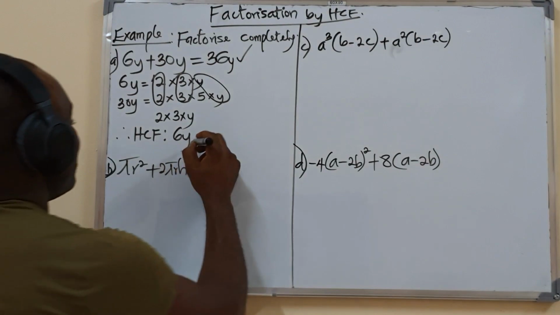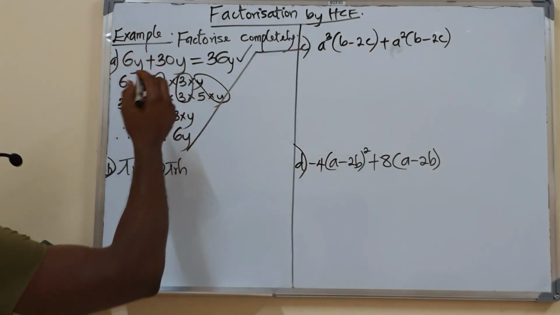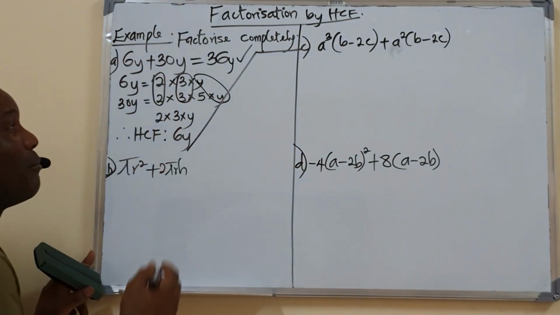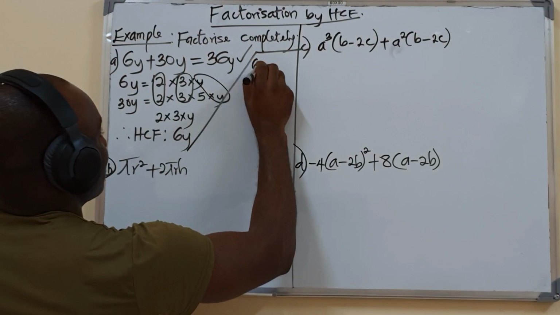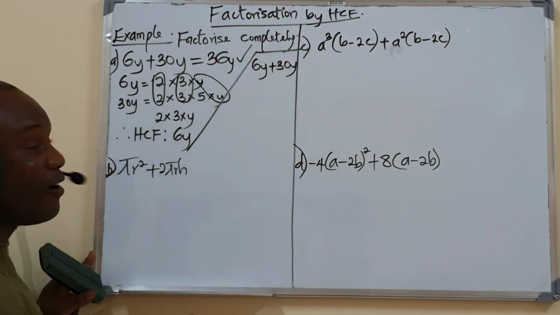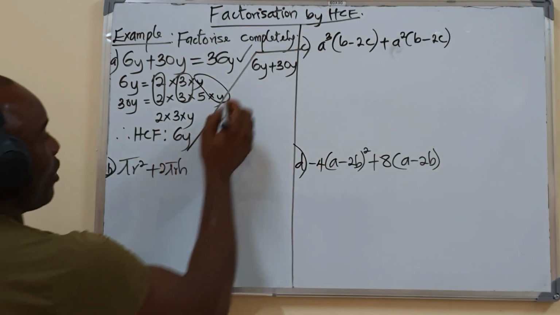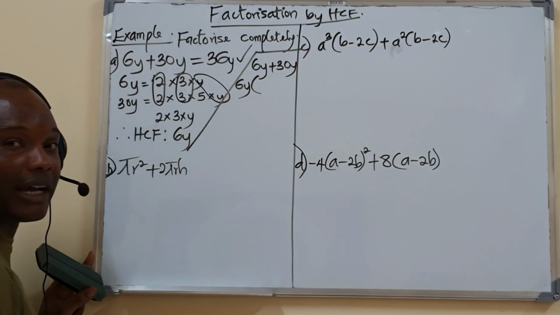Now let me show you how you factorize using HCF. Since I already know that 6y is the highest common factor of 6y and 30y, watch the way I'm going to demonstrate that using the factorization method. So 6y add 30y. What will it become? HCF is 6y, so I factor out the HCF. I keep it right outside and open a bracket.